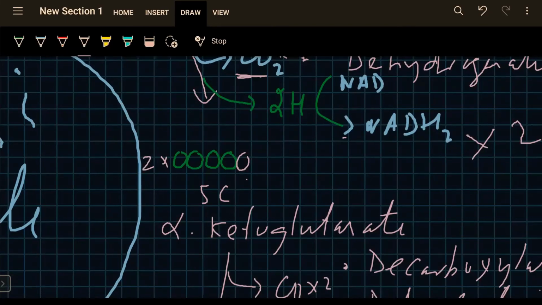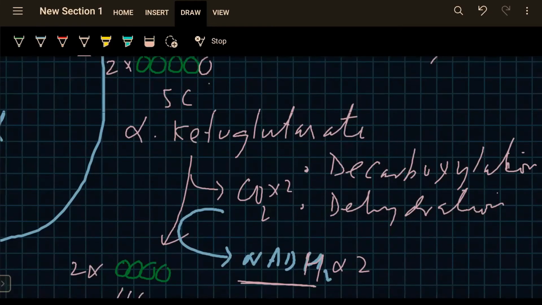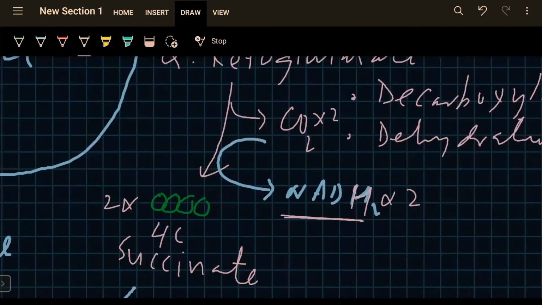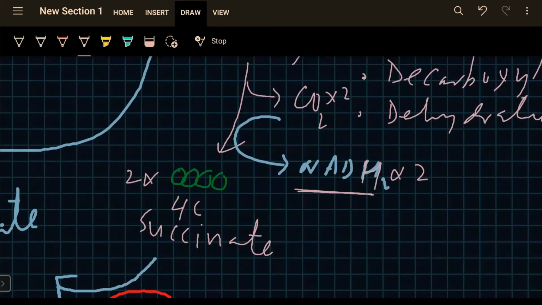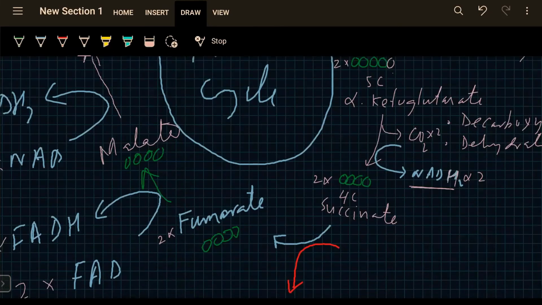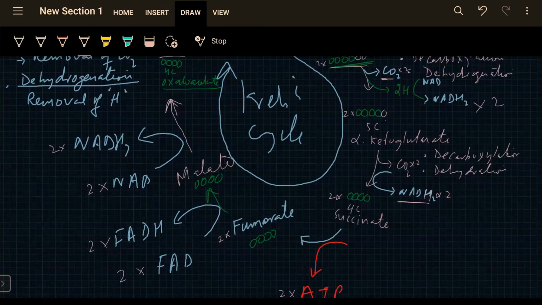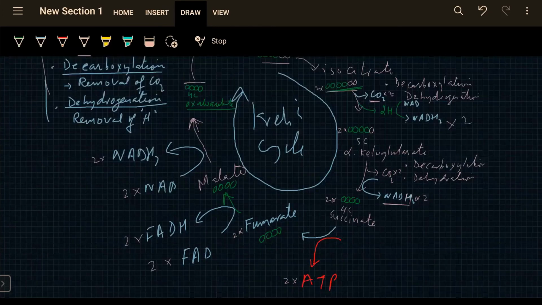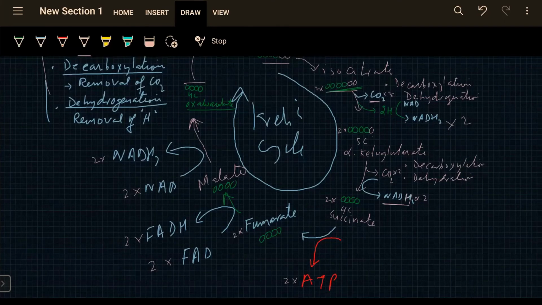Alpha ketoglutarate is again decarboxylated and dehydrogenated, producing a 4 carbon succinate. Then succinate undergoes rearrangement to produce oxaloacetate again, and during this step 2 ATP, 2 FADH and 2 NADH2 are made.